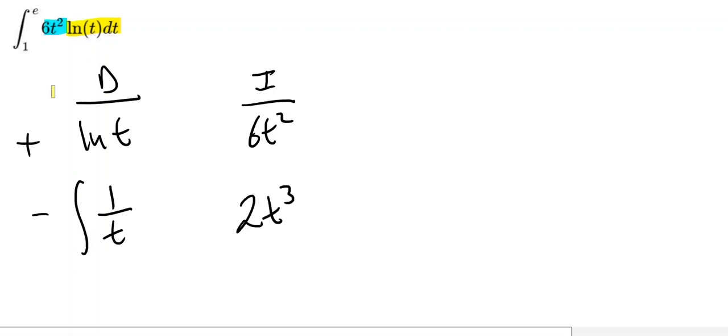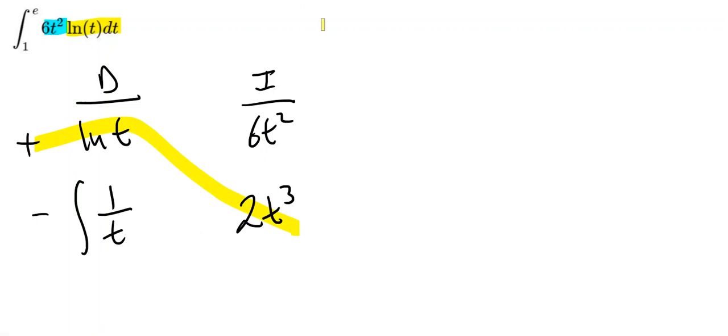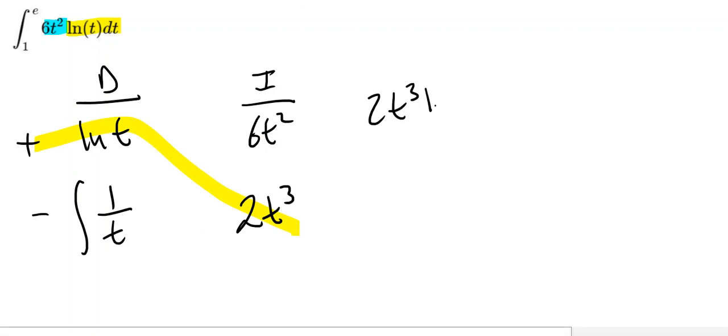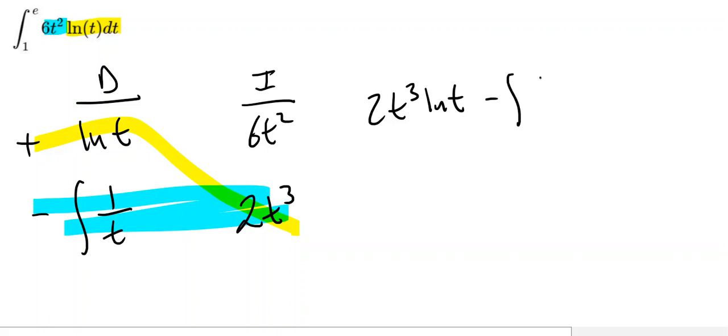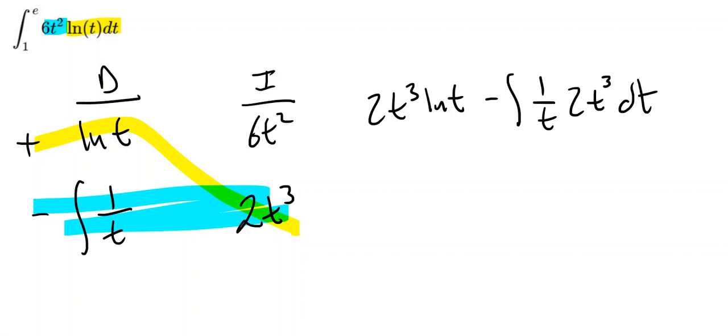And so now we want to do the diagonal, which will be 2t cubed log of t, and then we want to do the horizontal, which will be minus the integral of 1 over t times 2t cubed dt. And again, this t cancels with one of those t's, leaving us with 2t squared.